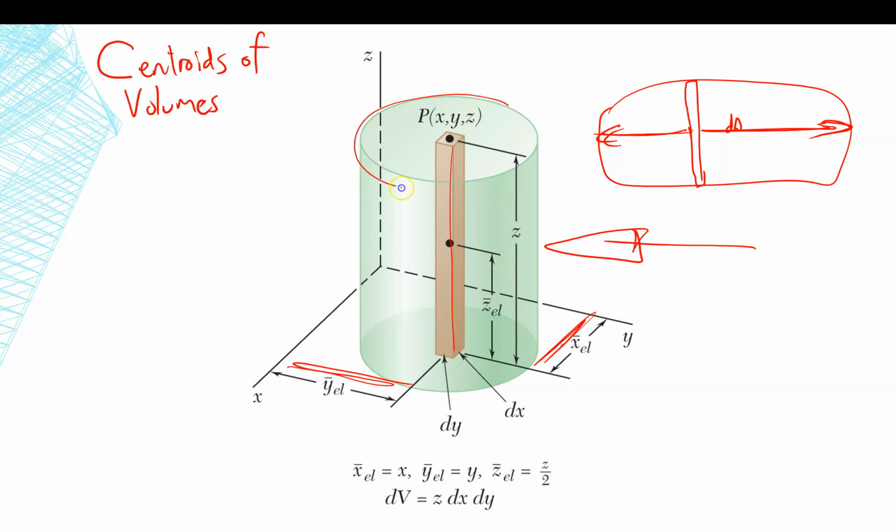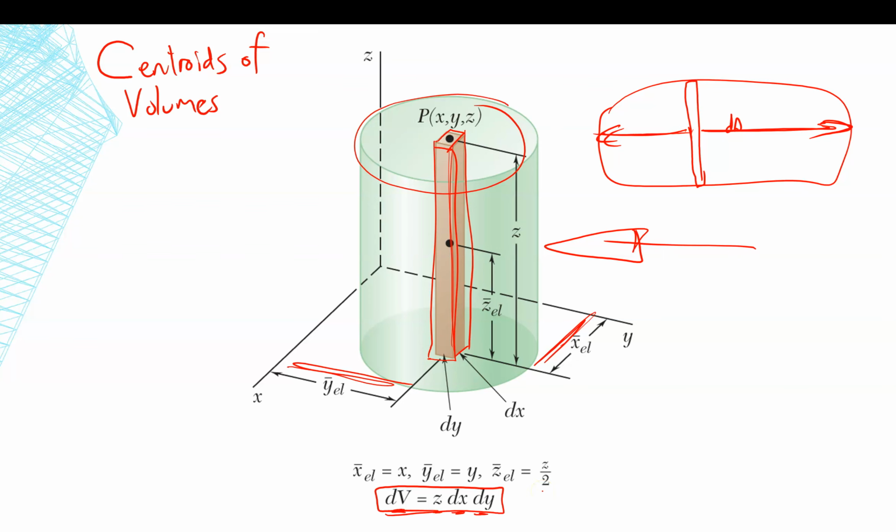So like our volume here, or let's say the volume of our element, we've done this little column-shaped matchstick-looking element that we call dV, and that's going to be Z, which is the full height of the cylinder. So that's not going to change, and we're going to integrate in X and in Y. So we still have two integrations there.